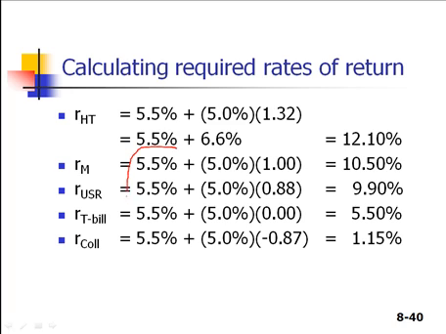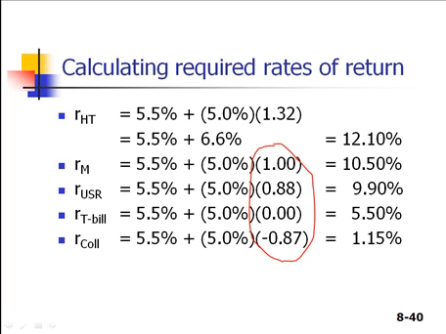Notice that the risk-free rate is identical in all the calculations, as is the market risk premium, because that is not specific to any one firm. That is determined economy-wide. All right? So the only thing that is really different would be the betas of each individual investment.